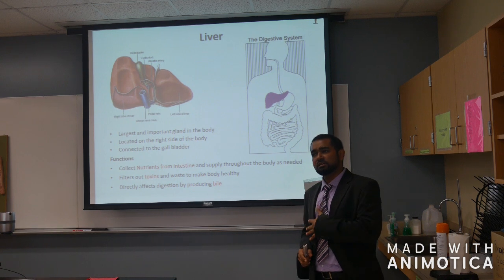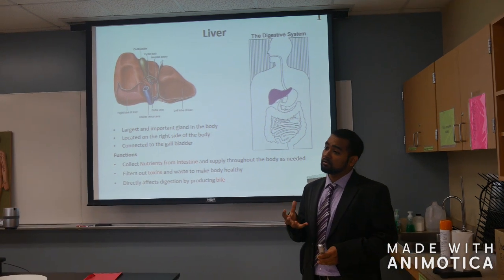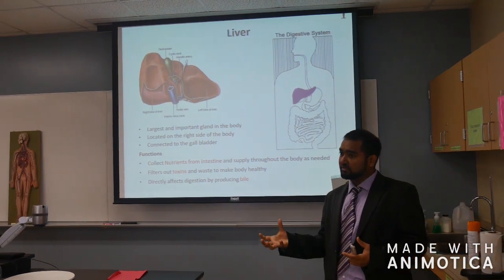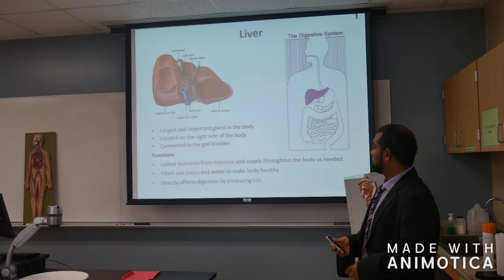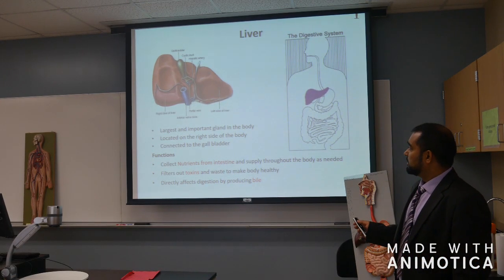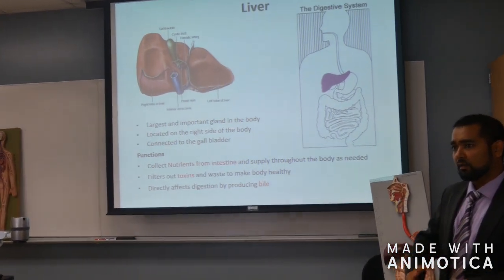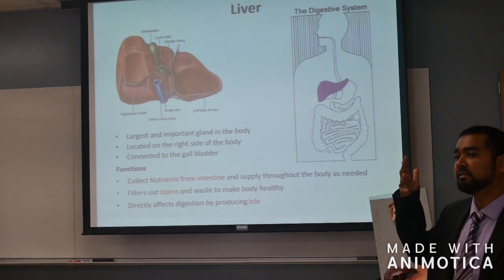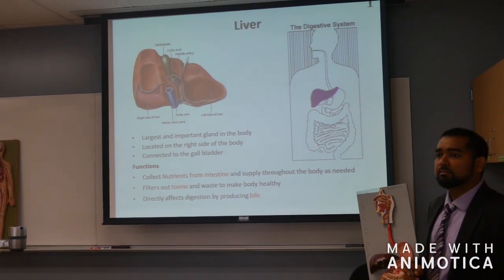The liver detoxes you and stores the extra fat. The liver absorbs the toxicities and saves you from getting toxicated. The liver also takes all the nutrients from the intestine and supplies them throughout the body as needed. The liver also produces bile.